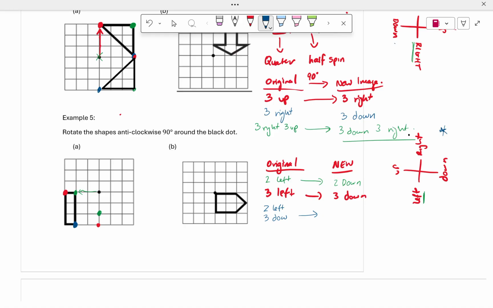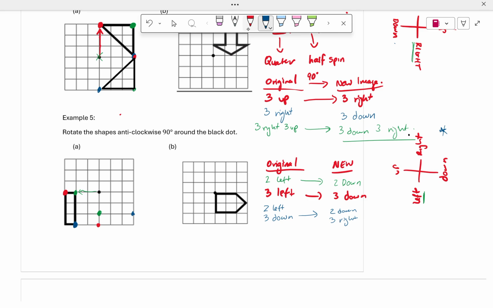Left is now going down, so now it is 2 down, and it is in fact 3 to the right. From my dot in the center, I'm going to go 2 down where the green dot is, and then 3 to the right, and I end up with my blue dot over there.